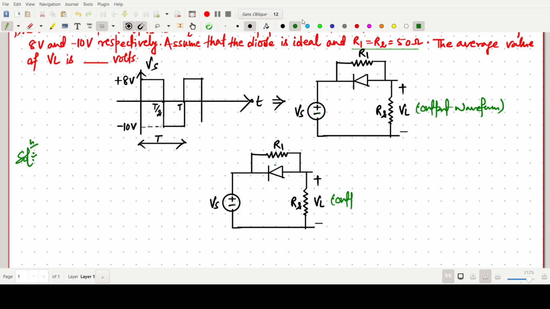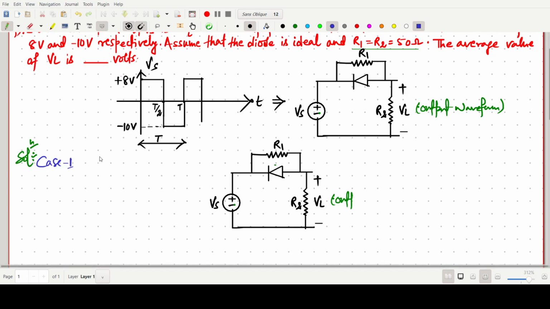Now there will be two cases. First I am considering case 1, when the time is between 0 to T by 2. In between 0 to T by 2, the voltage will be plus 8 volt.